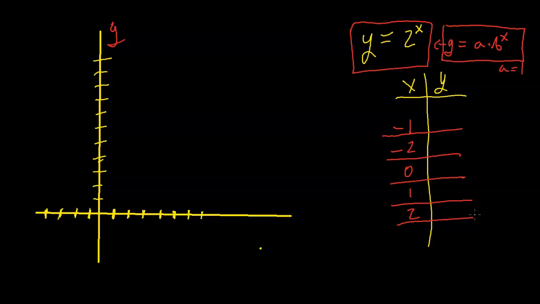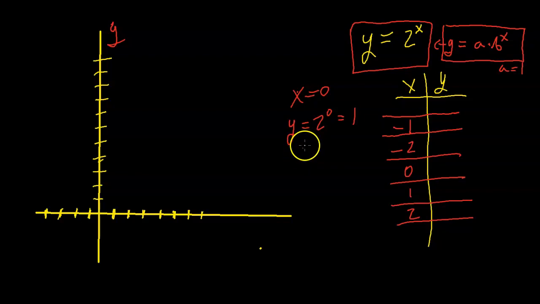Okay, so let's start here. Let's start at 0 because 0 is really easy to graph, isn't it? Let's start at x equals 0, and I'm going to write over here, if x equals 0, y equals 2 to the 0 power, which is equal to 1, right? And that makes sense, if we know that our initial value a is actually equal to 1 in this case. If our initial value is 1, it should make sense that when we plug in x equals 0, we get the output 1, right?